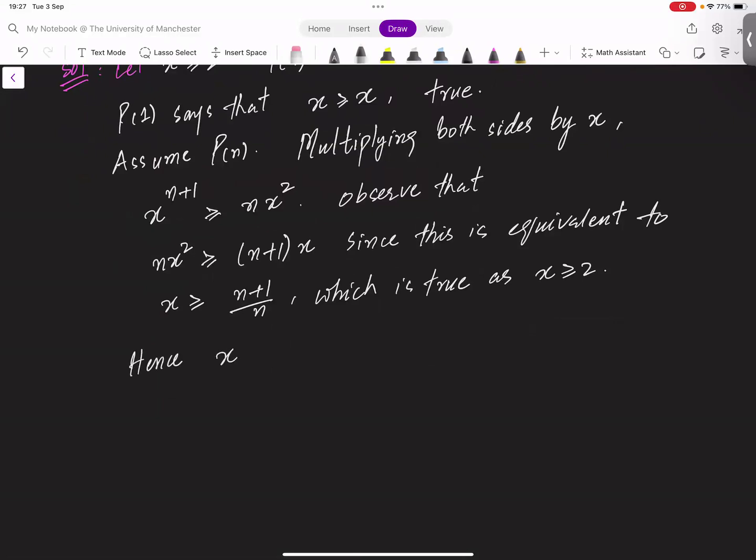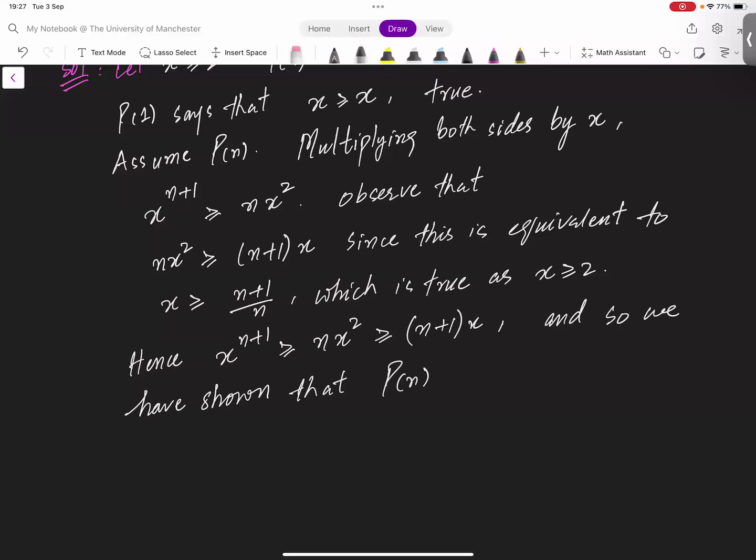Hence, x power n plus 1 is greater than or equal to n x square, which is greater than or equal to n plus 1 into x. So we have shown that P of n implies P of n plus 1.